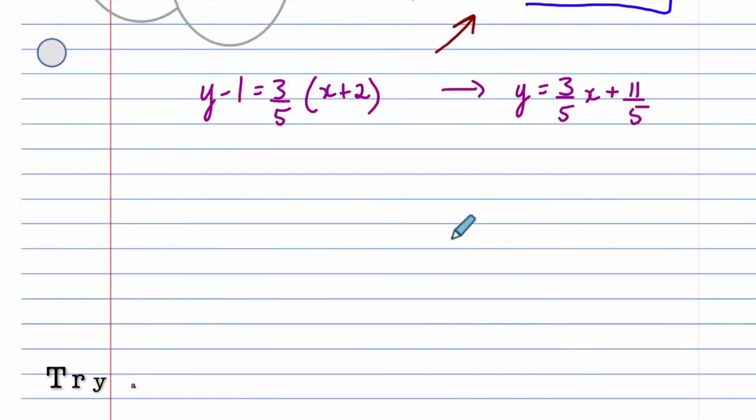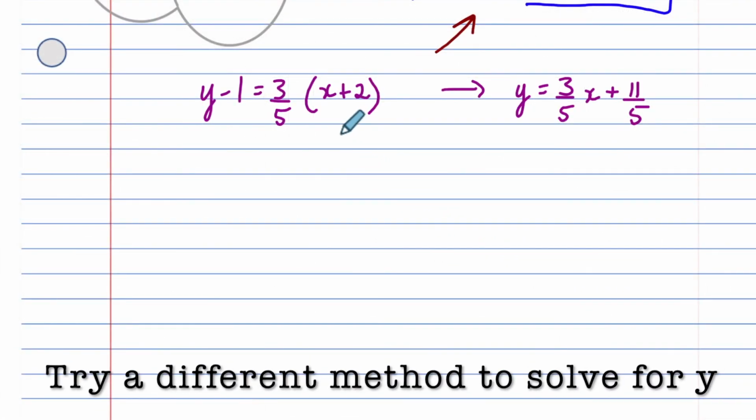Good. Are we able to use a different method to get to this spot? What would happen if we distributed the fraction through first? Would we get to that same final result? Y minus 1 equals 3/5 x plus 6/5, because 3 times 2 is 6/5.